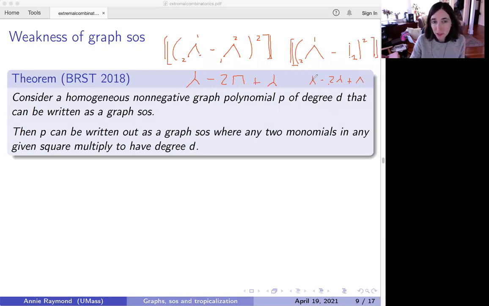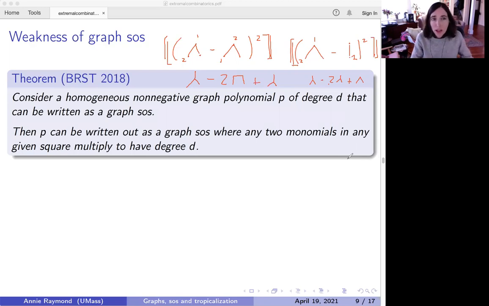So I would get things of degree 3, 3, and 2. So that's not allowable. So what this is saying is that within my squares, if there is a sum of squares, I know that I'm going to write it in this very constricted way where things don't cancel out, where everything within either my squares or my cross products will always give me the same number of edges within my graph.